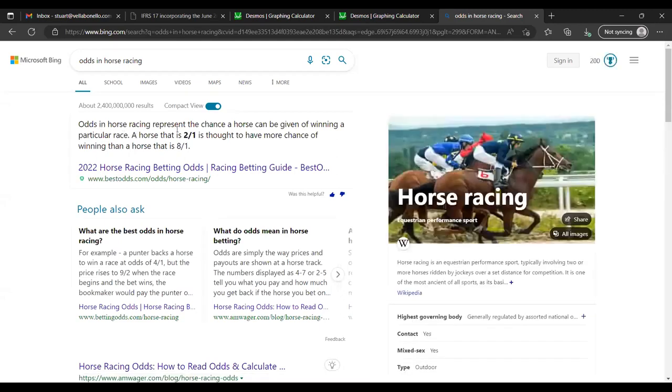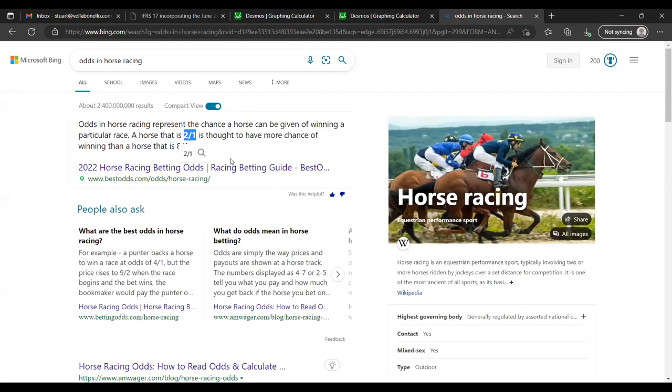Odds in horse racing represent the chance a horse can be given of winning a particular race. So a horse that is 2 to 1 is thought to have more chance of winning than a horse that is 8 to 1. So what are we saying?